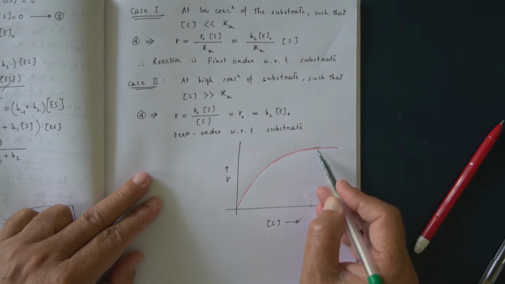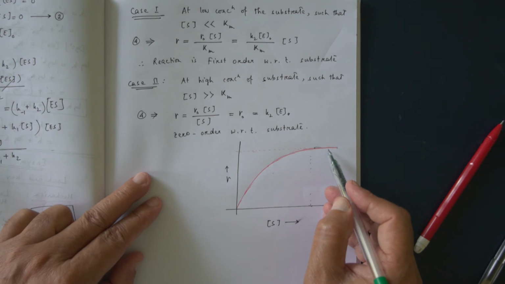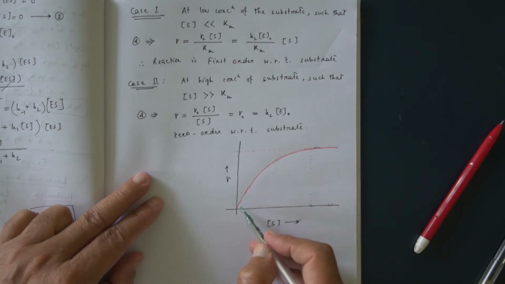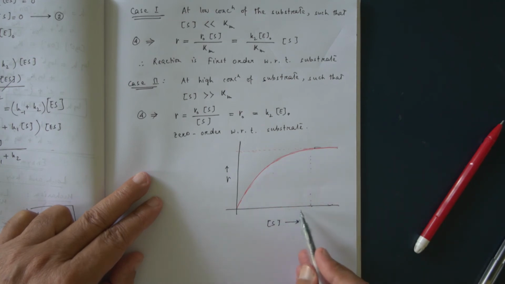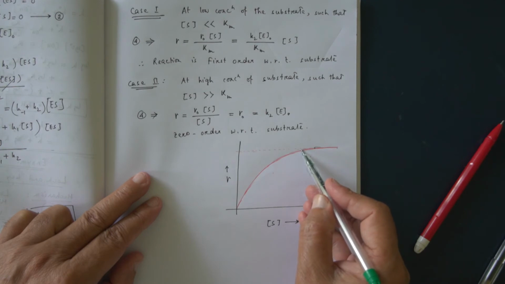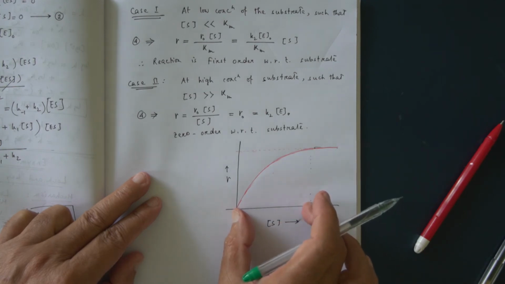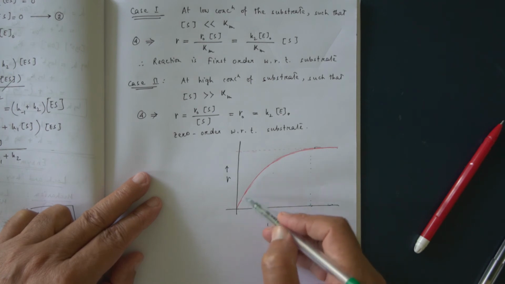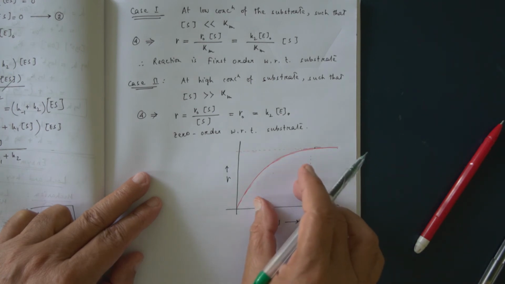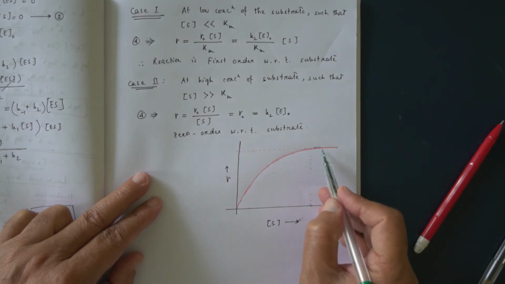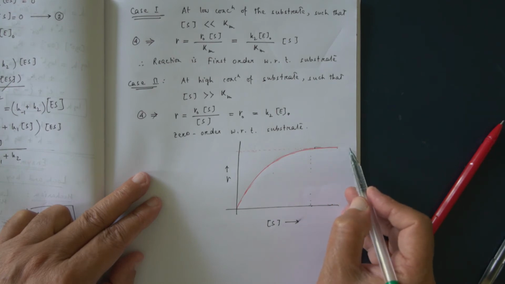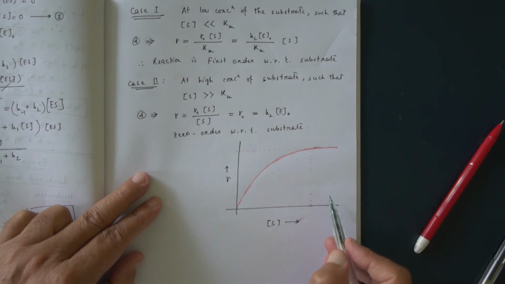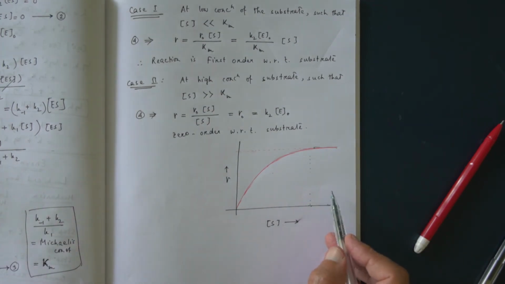But here, as substrate concentration increases, rate of reaction increases. This is first order reaction. But after this, substrate concentration increases, but rate of reaction is constant. That means rate of reaction is independent of the substrate concentration. That is zero order reaction.